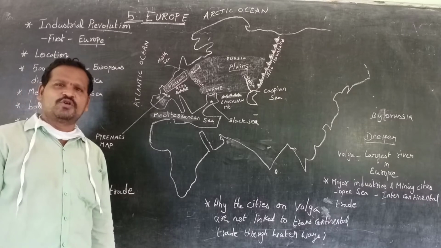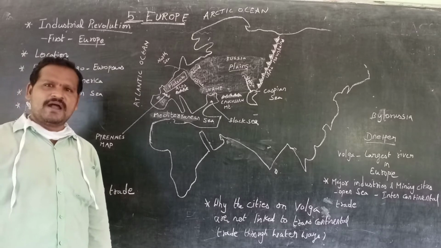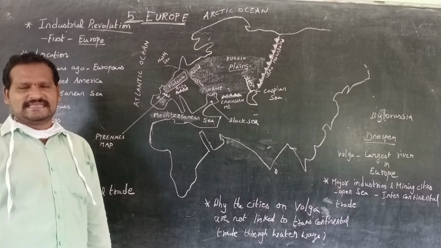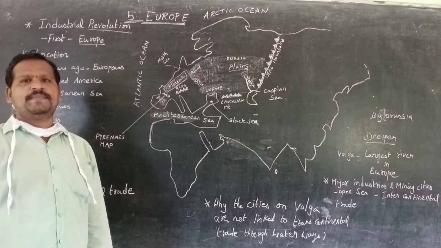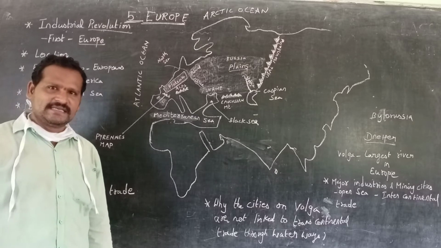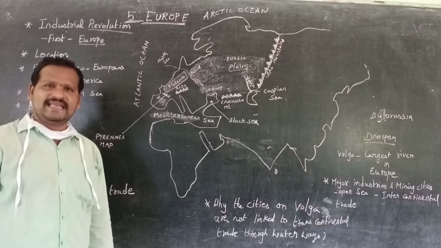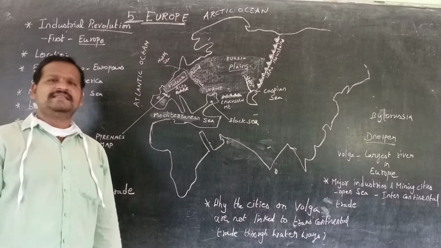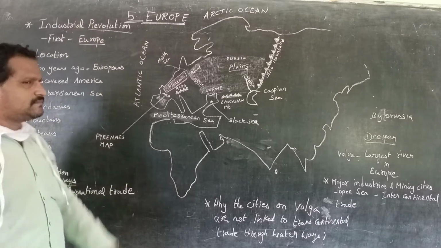What changes took place? In the 19th century, machine-made goods were produced by European industries.